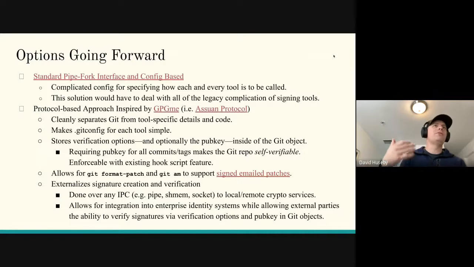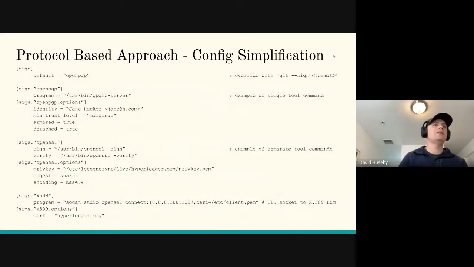The config simplification for a protocol-based approach looks something like this, where you have a section, and these names are arbitrary. I just picked SIGs because it was short and easy, and then subsections for each tool. There are different ways of doing this. So you can have a program that literally calls an executable that will be pipe forked that understands the As-You-Want protocol on standard in, standard out, and standard error.